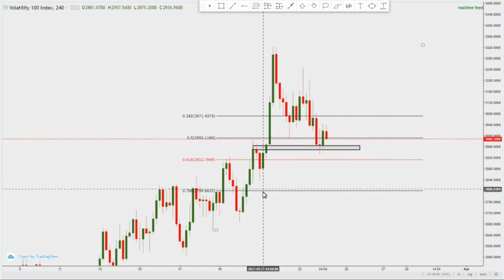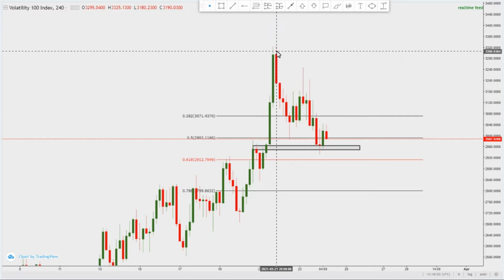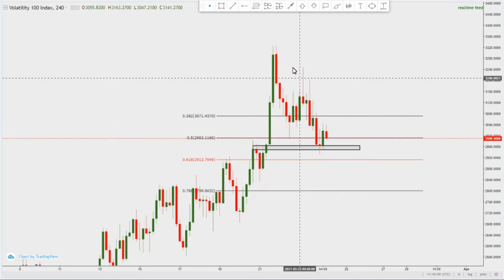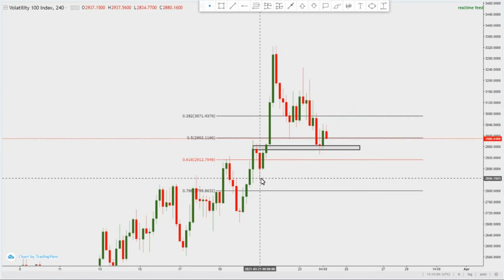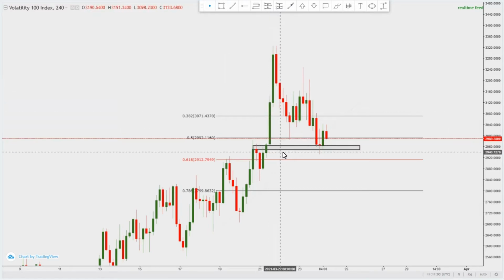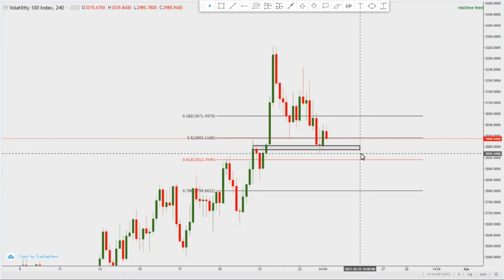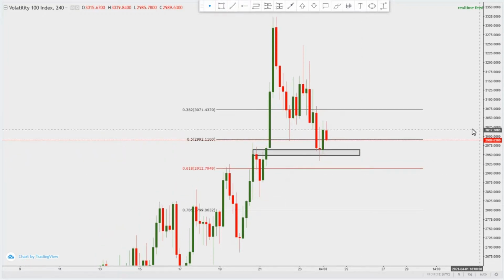You can see the strong push that I told you about to the upside, and you can see how retracements most of the time look very corrective. After the strong push to the upside, price is retracing very correctively, and that is the kind of retracement that we look out for to get the full confirmation that this thing is really retracing.